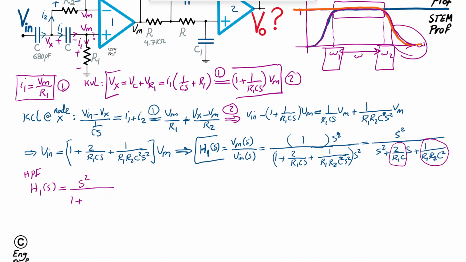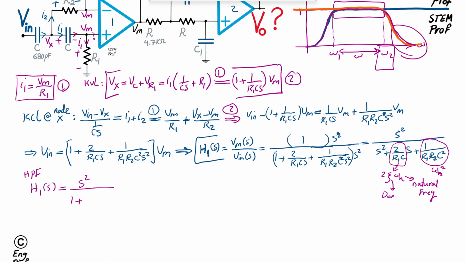I'm going to name this omega n squared, or the squared natural frequency, and I'm going to name this 2 times zeta omega n, where this omega n, as I said, is the natural frequency of the first stage, which we will see is actually this frequency, so it will be defined as omega 1, and the zeta is the damping factor of the filter.